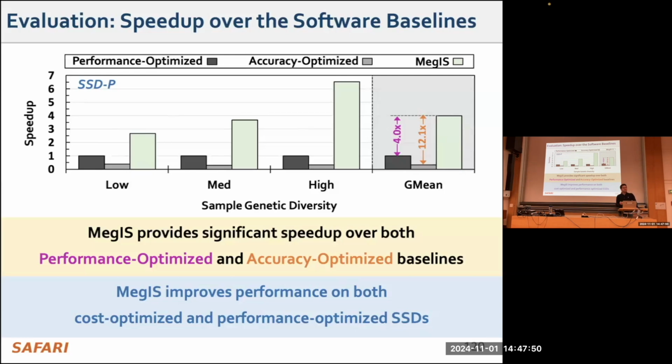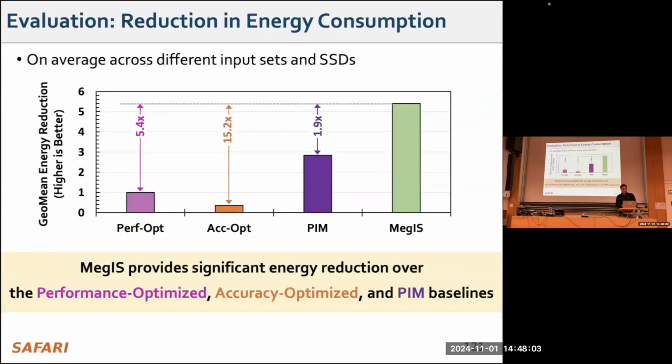So you can see that by simply reducing the data movement and doing the important operations quickly inside the SSD, you can perform much better than these CPU works. We also look at the energy consumed using the performance optimized and accuracy optimized baselines, and also PIM.